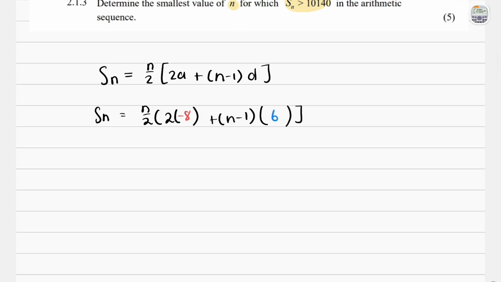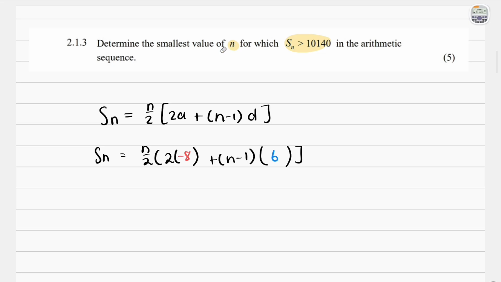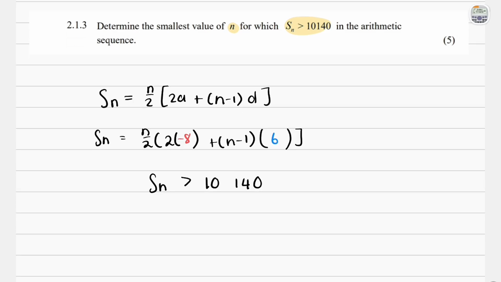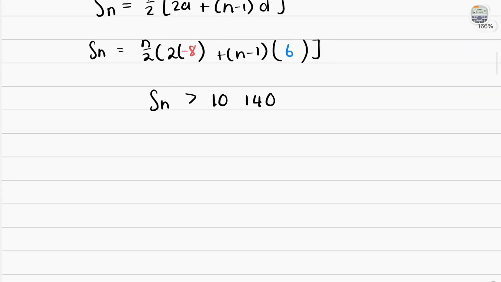Okay, so what we're just trying to find out is for which values of n, what is the smallest value of n for which Sn is greater than 10,140. So we'll just substitute this here and then solve for this inequality.